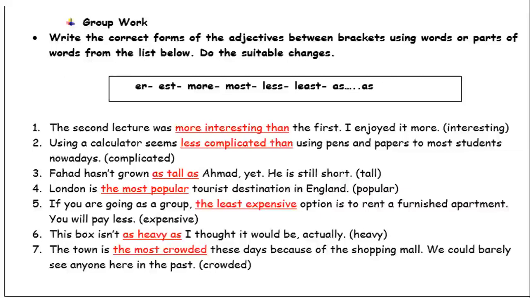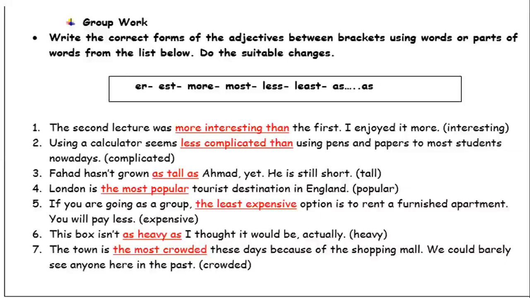Now, sentence number 7: the town is these days because of the shopping mall, we could barely see anyone here in the past. So I want to compare this town, these days, among all the days before, okay?